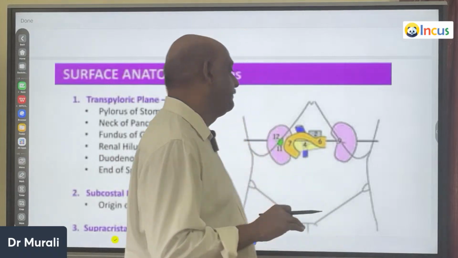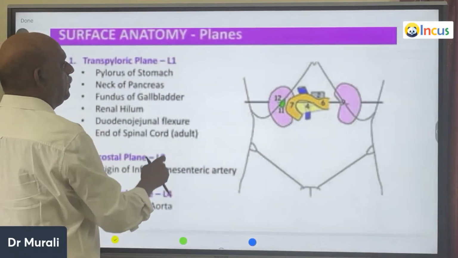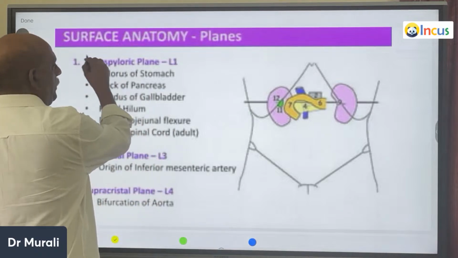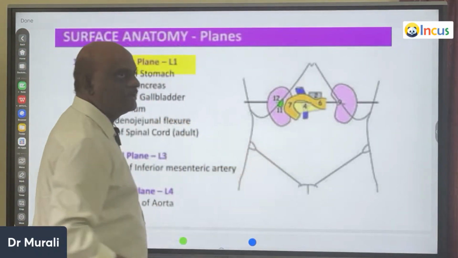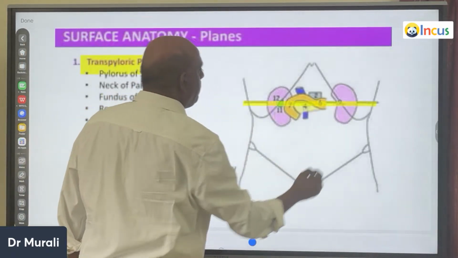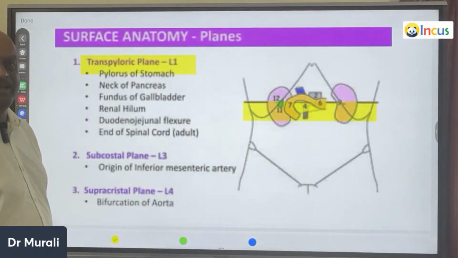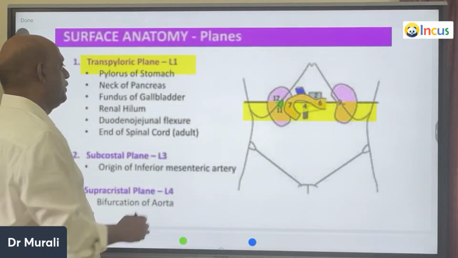very, very good with. So, if you look at the transpyloric plane, the stomach is having the pylorus, right? So if you take the transpyloric plane, what are all the structures that are there at the transpyloric plane?